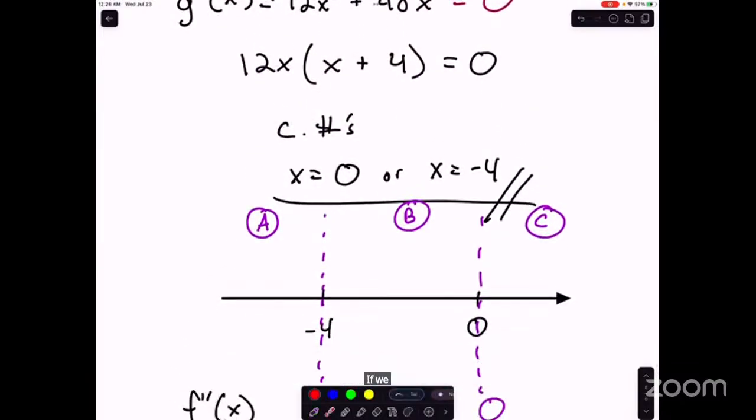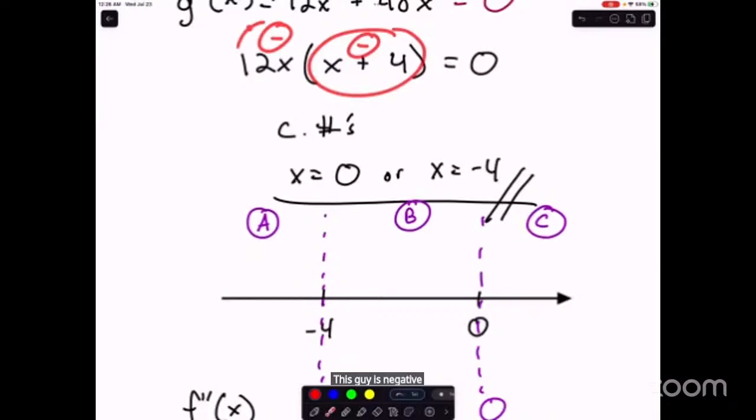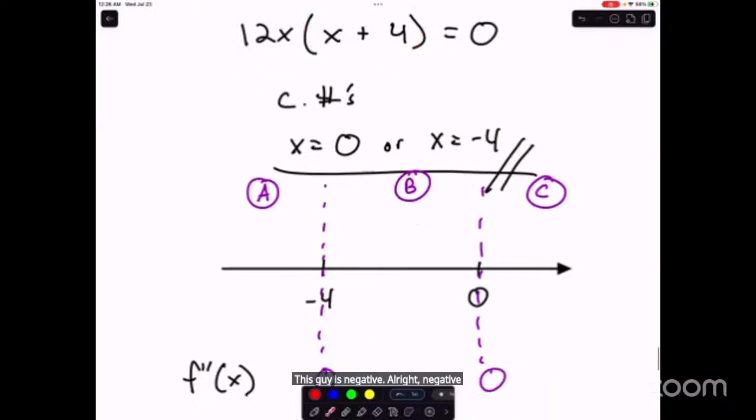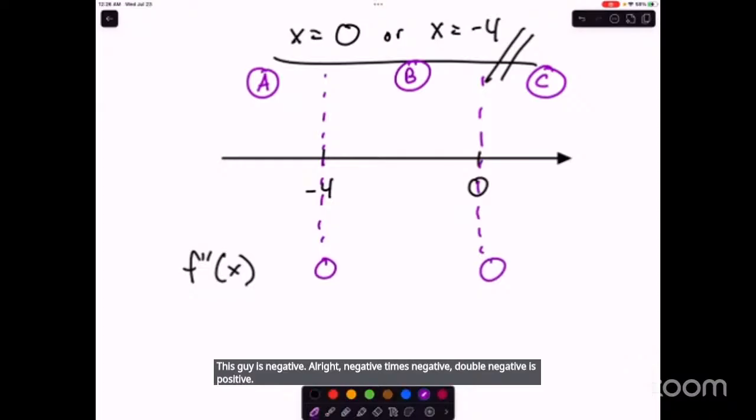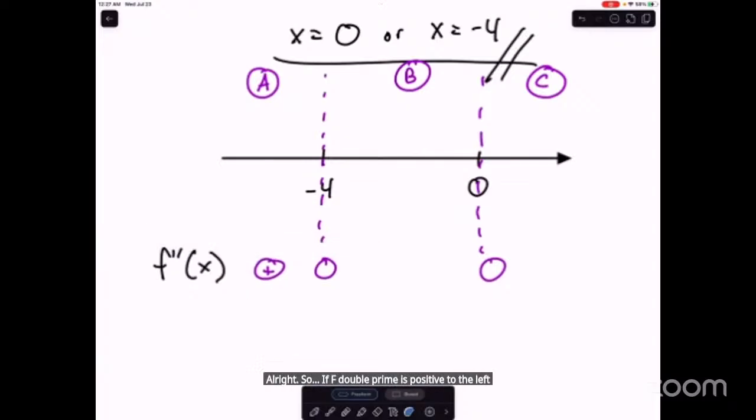If we plug -5 into the second derivative, this guy is negative, this guy is negative. Negative times negative, double negative is positive. So if f double prime is positive to the left side of -4, that means the original function is going to be concave up in region A.